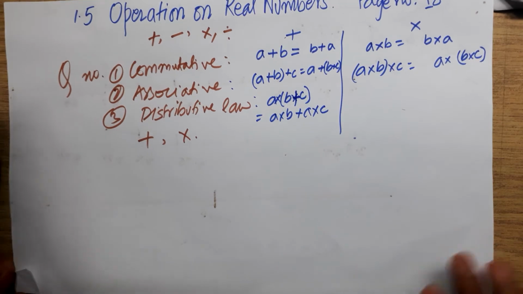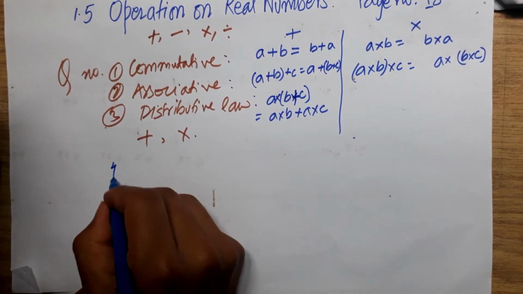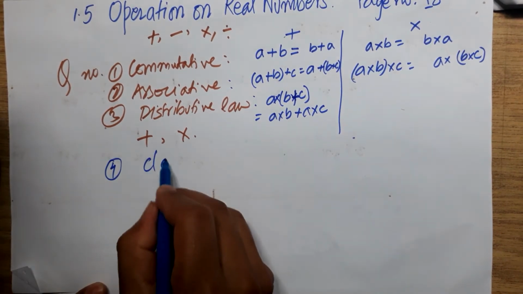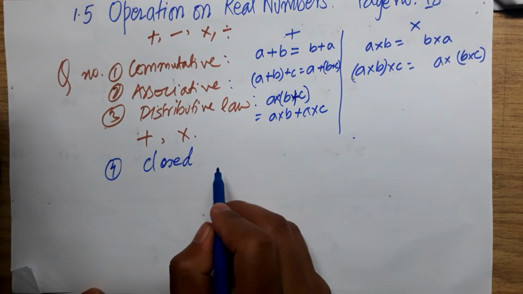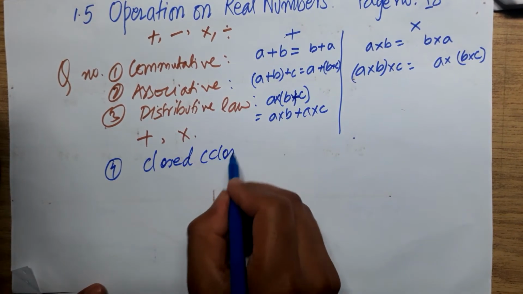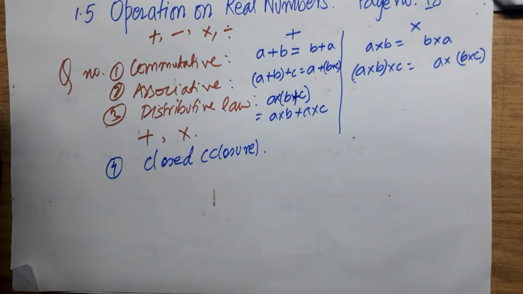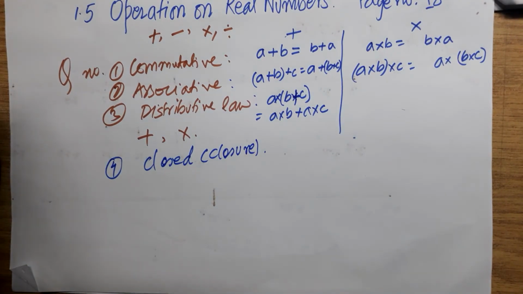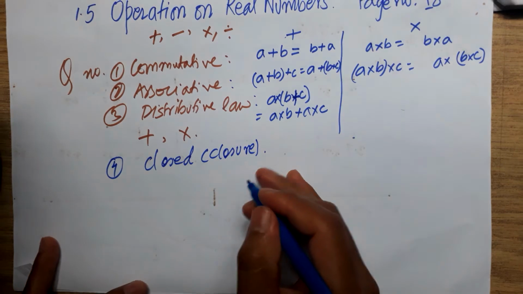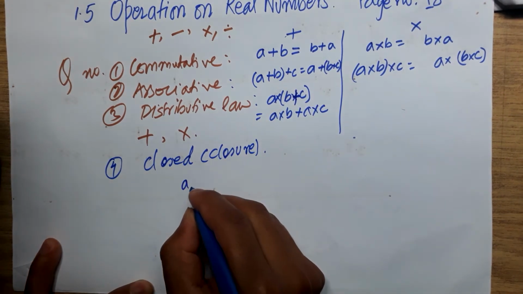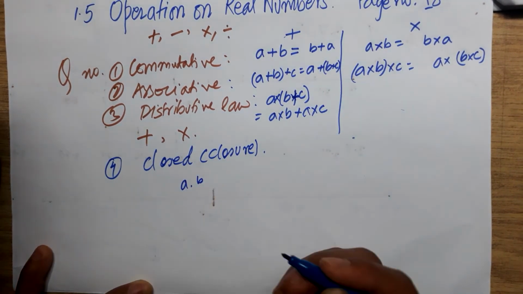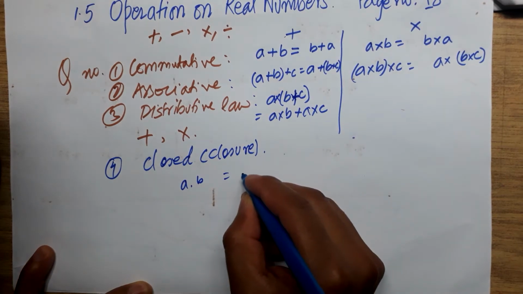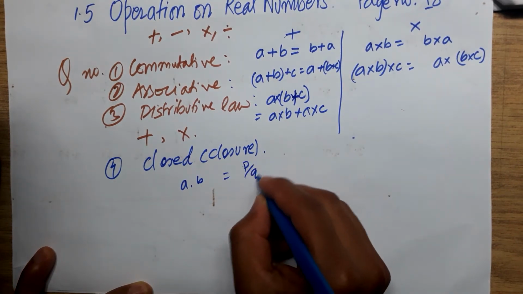Further, we have also seen one more property, that is closure. What is that? If we add or multiply or divide except 0, we get a rational number. Closure means take any two rational numbers a and b, add them, again we will get a rational number, p by q type.